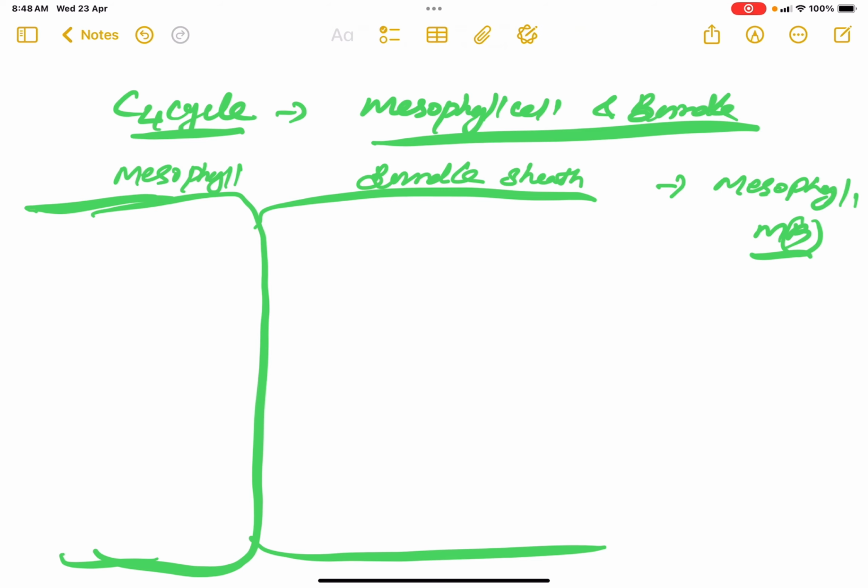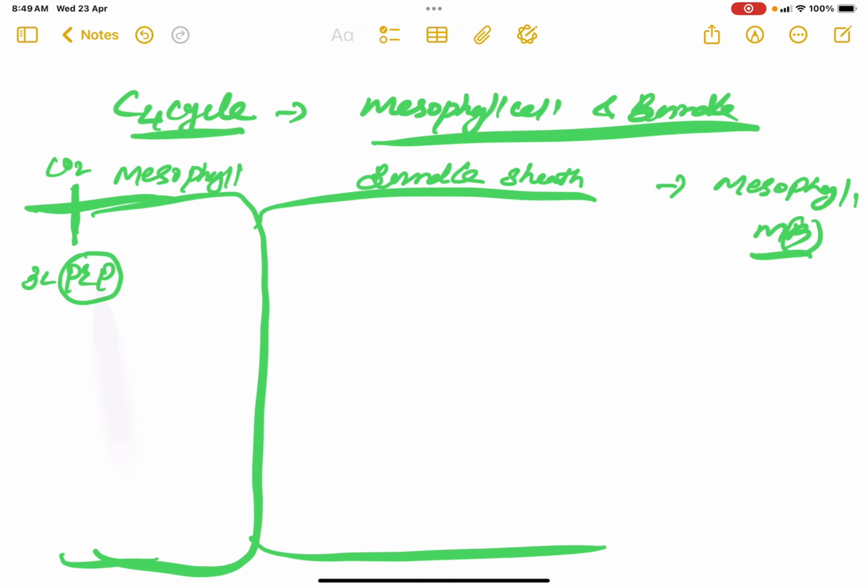Now the C4 cycle. It is a cyclic process. First, carbon dioxide from the atmosphere or released from the mitochondria is accepted by a 3-carbon compound, PEP, phosphoenol pyruvic acid, which is the carbon dioxide acceptor in this cycle.